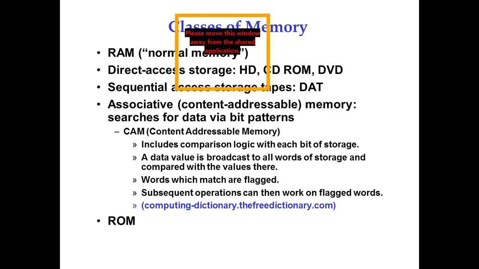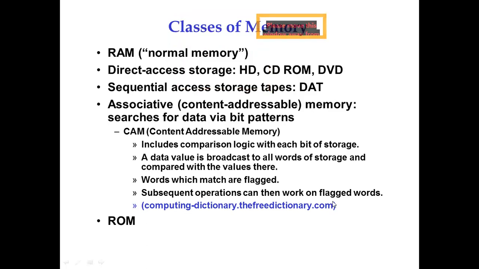Another type of memory is the ROM. So first is RAM, then direct access storage: HD, CD-ROM and DVD. Then sequential access storage tapes also come under this category of secondary storage. Finally, we can also store the data in the form of DAT. The next class is the associative memory, used whenever we want to search.